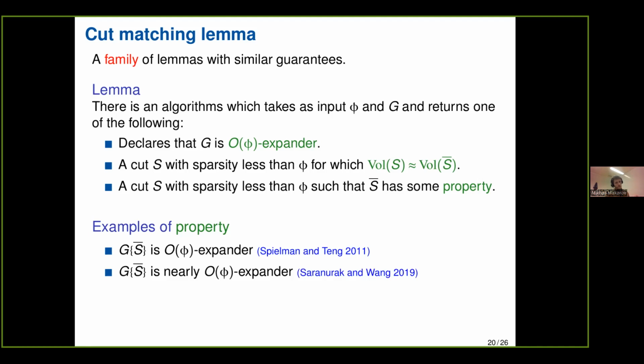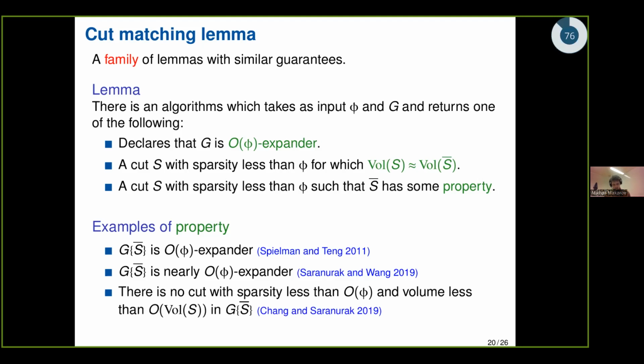If we don't want to pay exponential time, the guarantee that we can get is that the bigger side of a cut is nearly an Omega-phi expander.